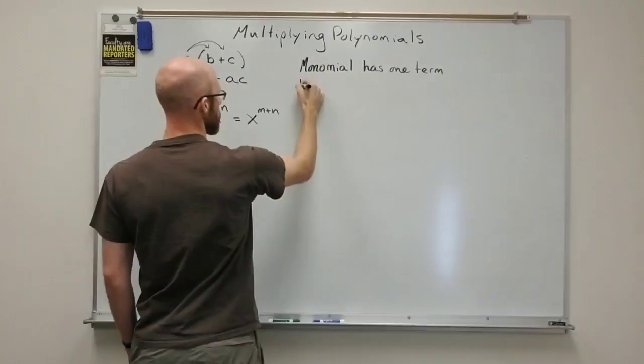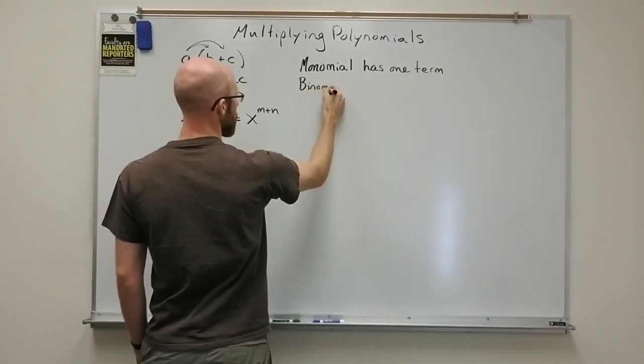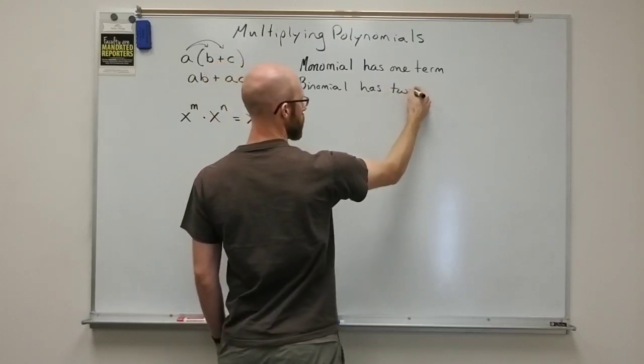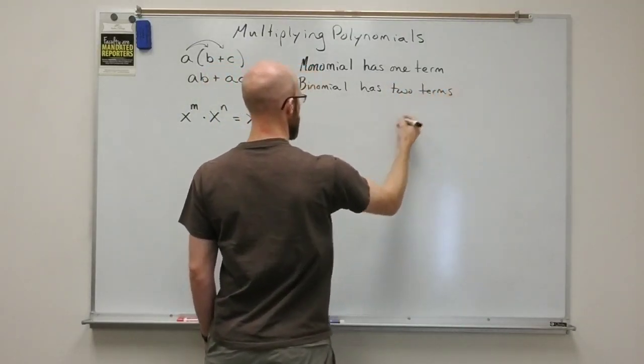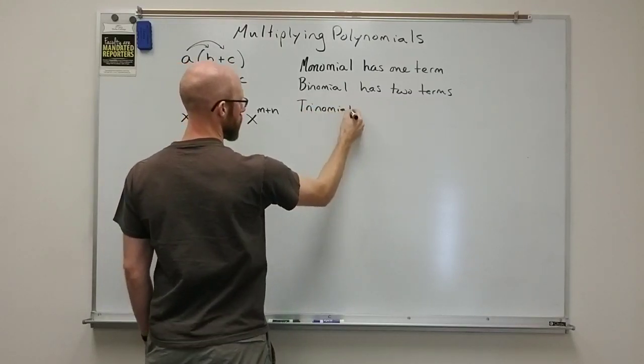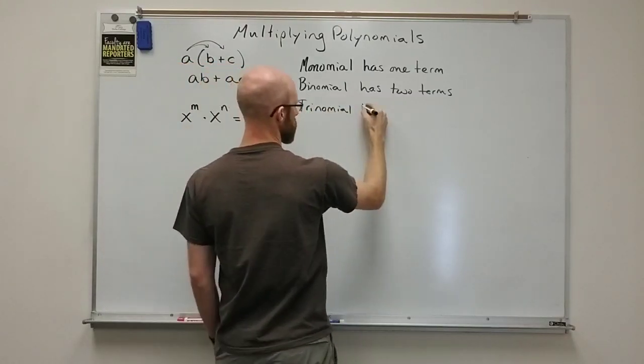A binomial has two terms. And a trinomial has three terms.